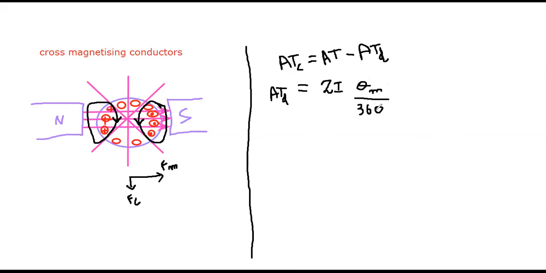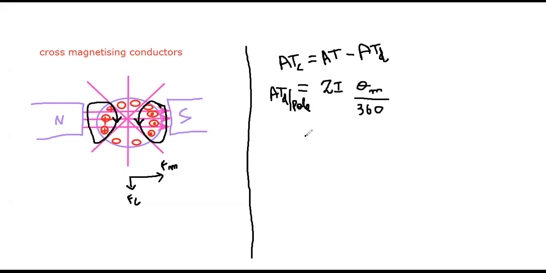Now we want to estimate the value for the total conductors. Total conductors per pole, because this is the value per pole here. Similarly, we want to calculate the total ampere turns per pole only, because everything we derived is in per pole values.